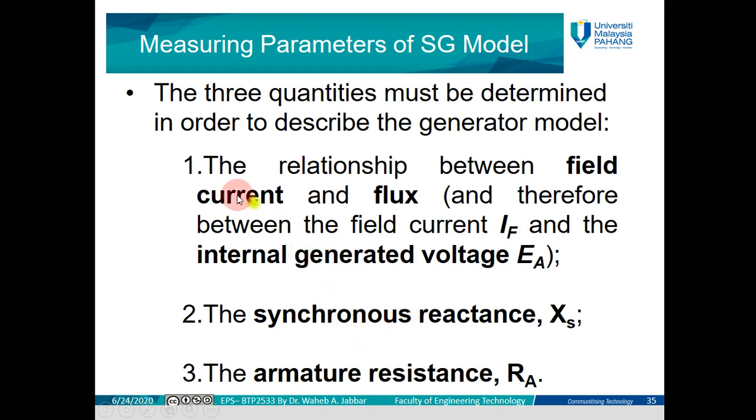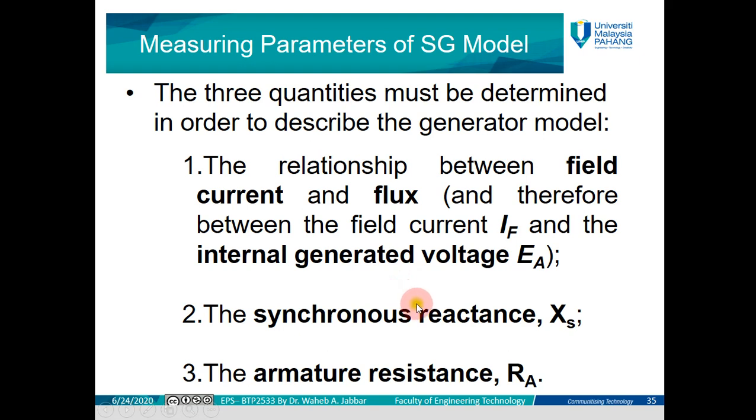For the induction machine, we said we have three types of tests. We have the DC test in order to calculate the value of the stator resistance, then we conduct the open circuit test, or the no load test, then we conduct the blocked rotor test.